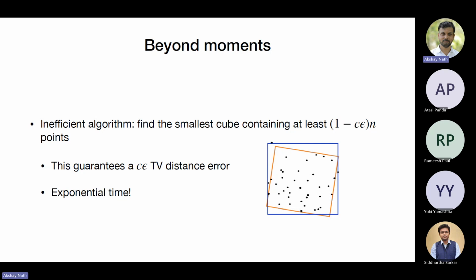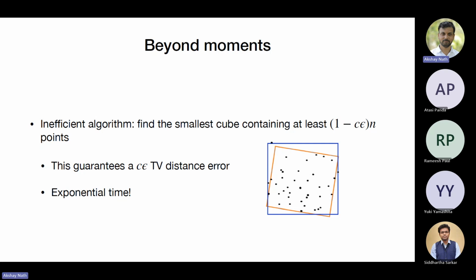But the moment work is for the hypercube, a product distribution of some bounded distribution. And in some sense, can we also infer the other direction? That is, if I were to give you a good TV distance estimate, that would imply good matrix estimates. I mean, that would probably just follow from the theorem.